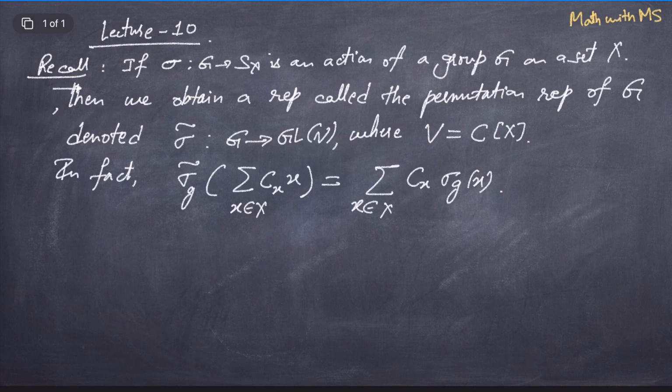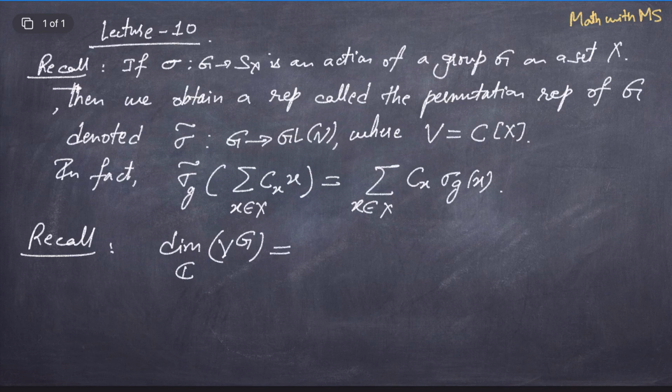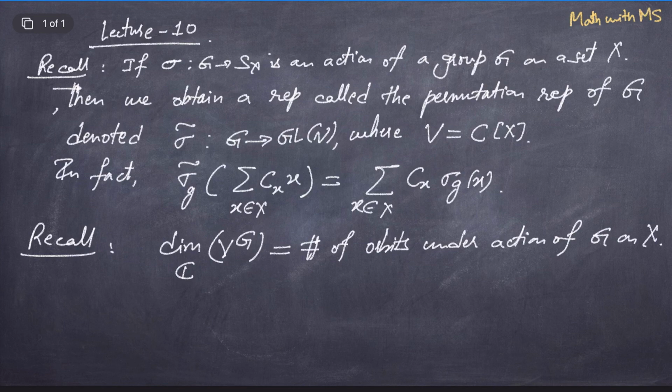And in lecture number 9 we computed the character of the permutation representation, and we also found the dimension of the fixed subspace of the permutation representation. So again recall that the dimension of the fixed subspace V^G is equal to the number of orbits under the action of G on the set X.